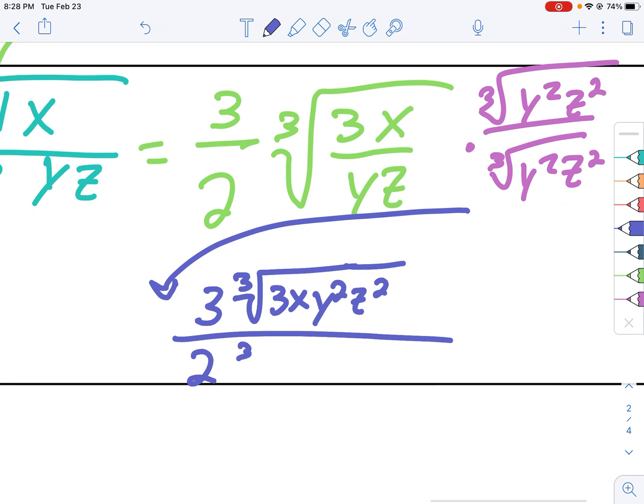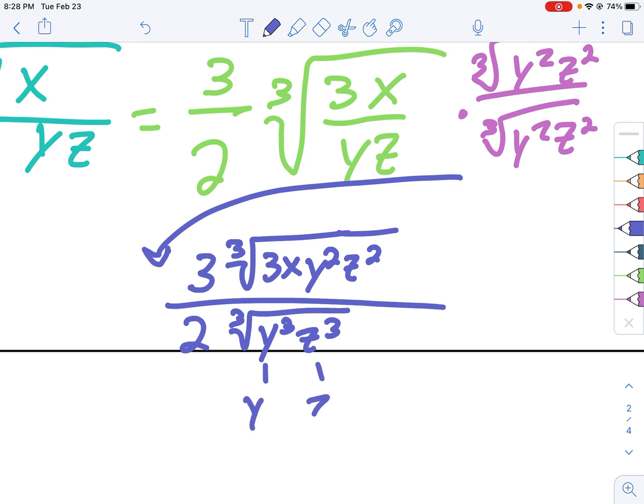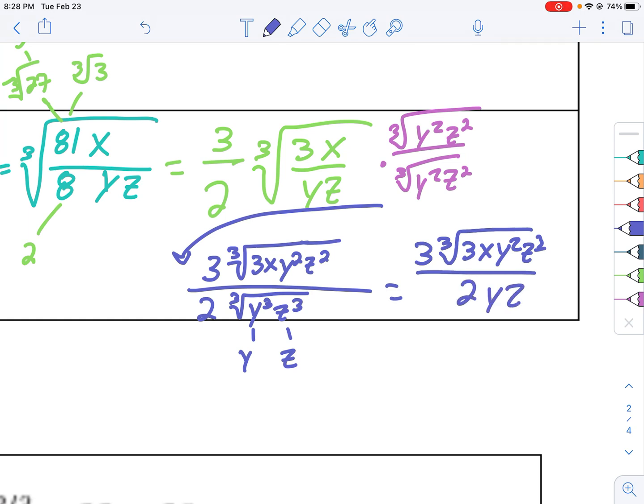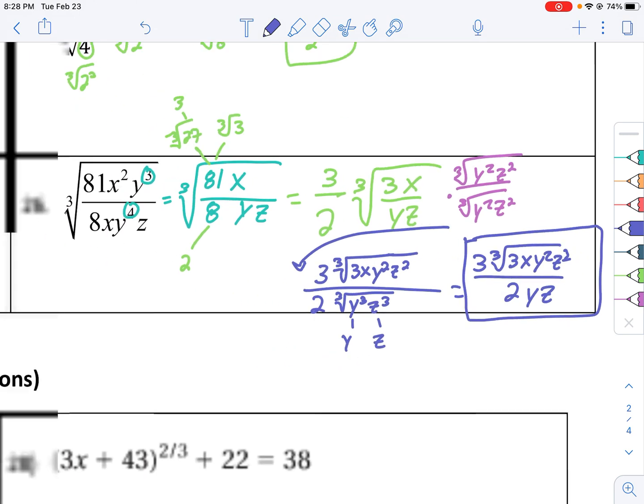Then that's divided by 2 cube root of y cubed z cubed. Both this y and z now come out. So we get a final answer of 3 cube root of 3x y squared z squared over 2yz. And now we don't have anything left in the denominator.